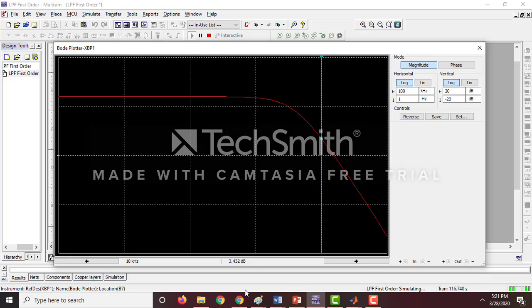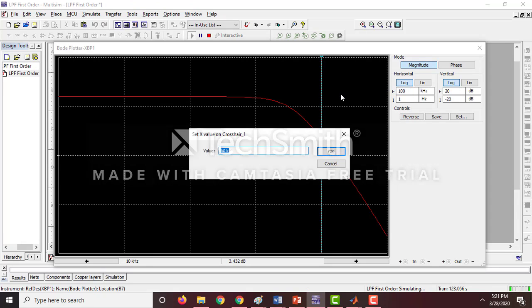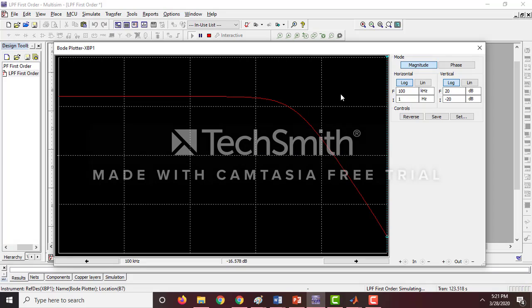At 10 kilohertz what is the value? 3.4 dB, correct? Now go to 100 kilohertz, minus 16.5. So you can see that there is a 20 dB drop when the frequency was multiplied by 10. The gain reduced by 20 dB.